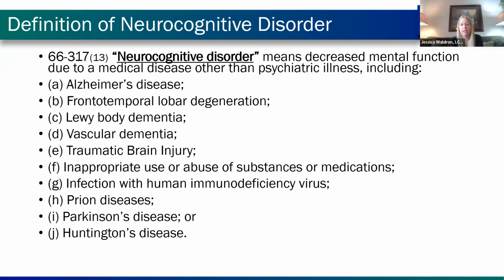They also include the inappropriate use or abuse of substances or medications, infection from HIV, prion disease, which prion diseases are things like mad cow disease, different sorts of bacterial or viral things that kind of attack the brain. Parkinson's and Huntington's disease.